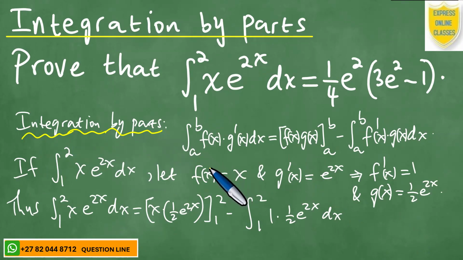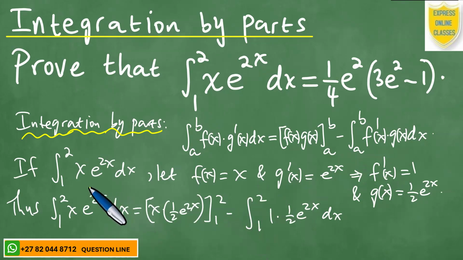In other words, whenever you are facing the integral from a to b of f(x) times g'(x) dx, this is exactly equal to f(x) times g(x) integrated from a to b minus the integral from a to b of f'(x) times g(x) dx. And therefore, we went on to do the rest of this, and we got the answer.